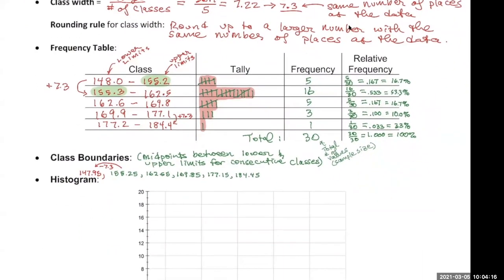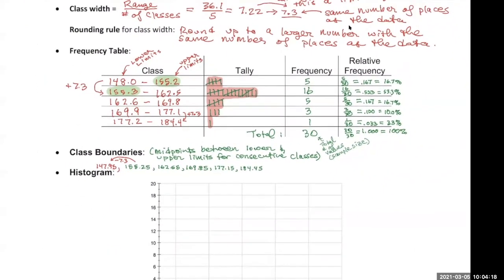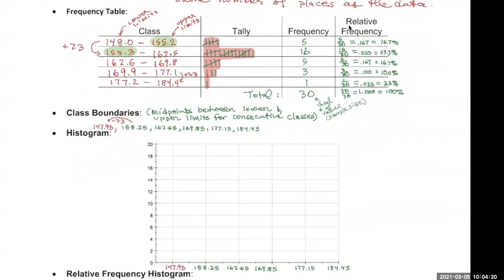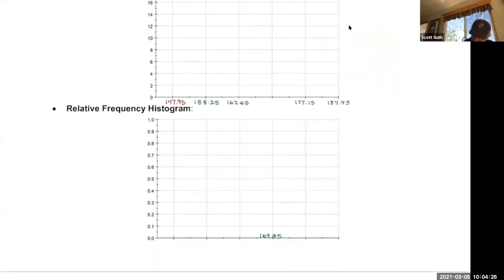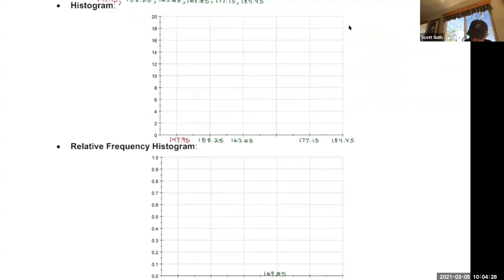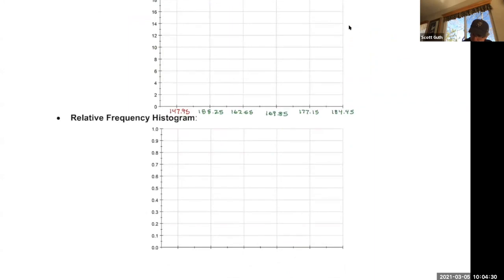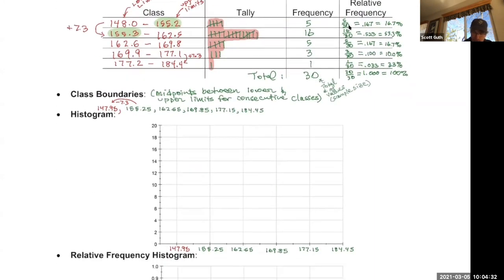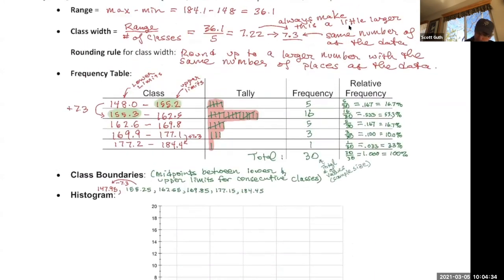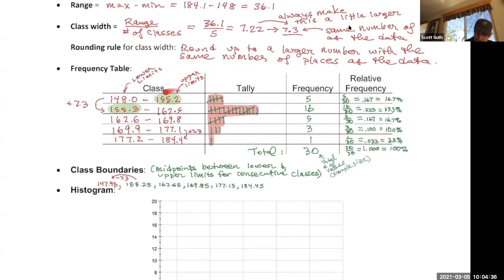So right now you only focused on the upper limits for the list of numbers? Yeah, because the bottom line is, if you average those two numbers on a calculator, if you average the 155.2 and the 155.3, you get 155.25, which is right between those two numbers.